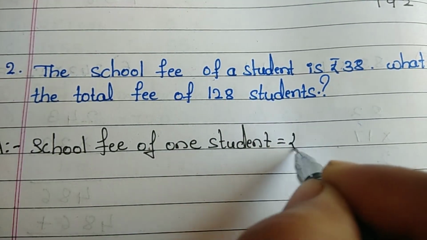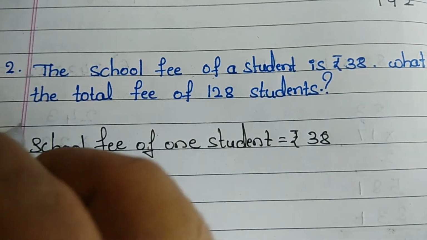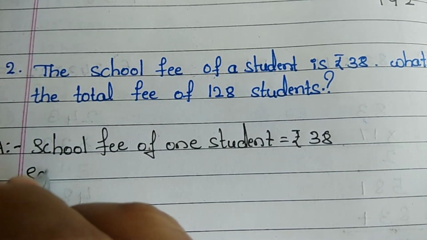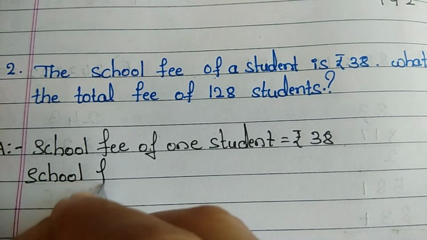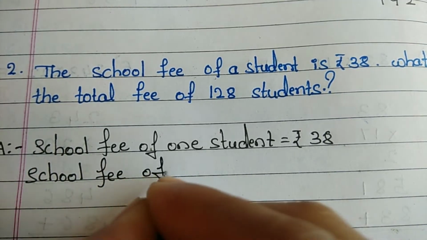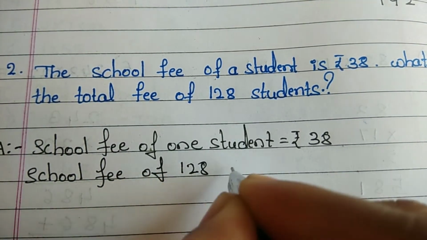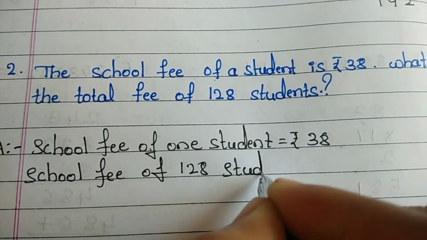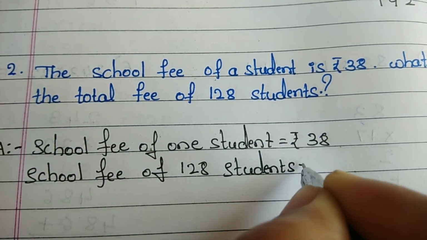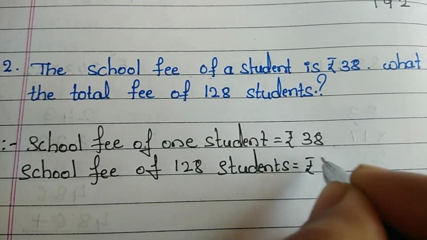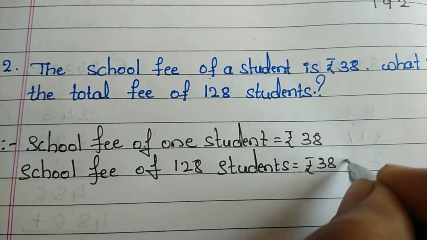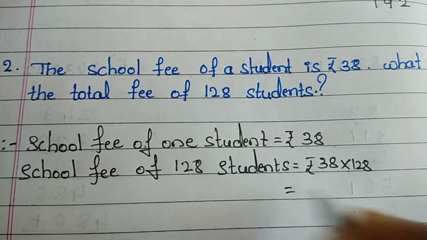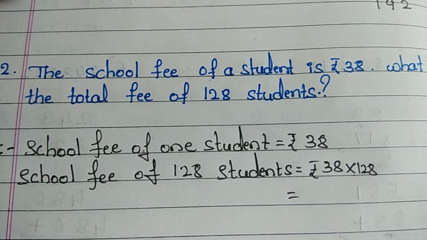How much is there? Rupees 38. Okay. Now, school fee of 128 students. What can I do?